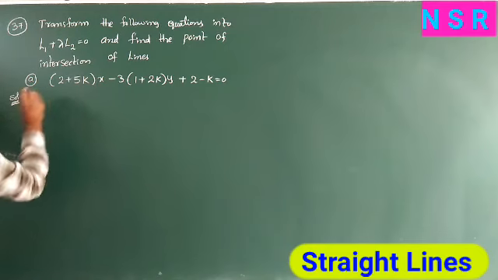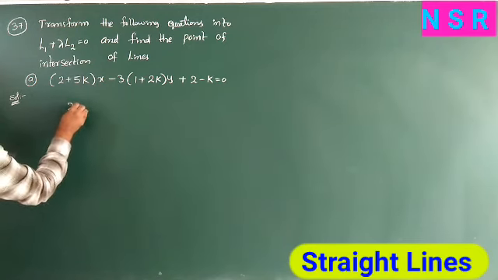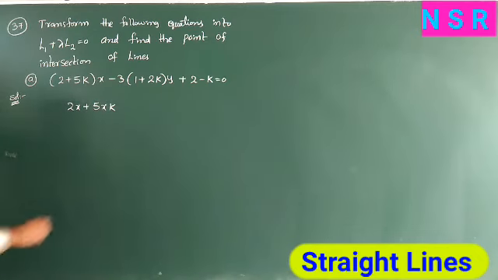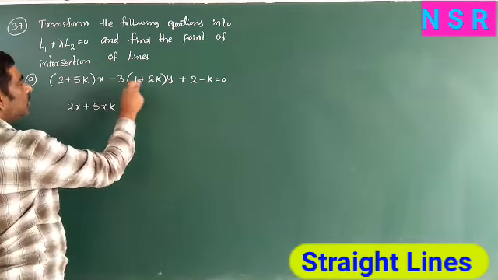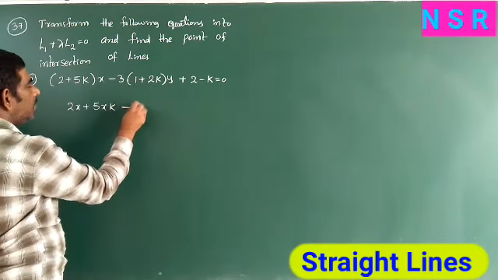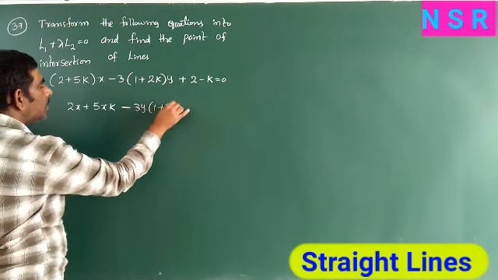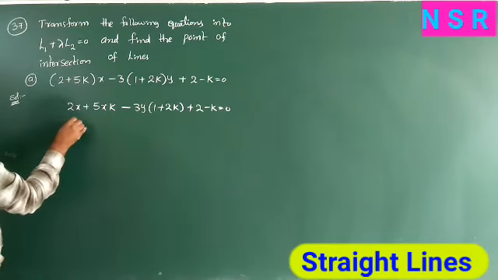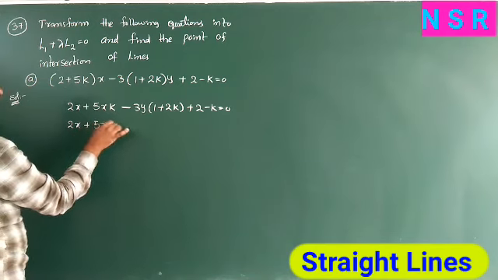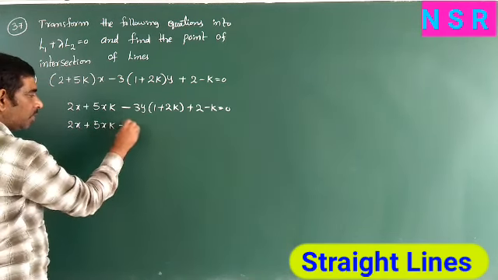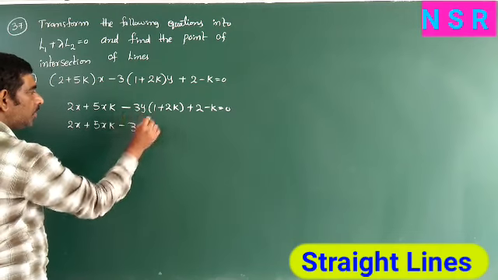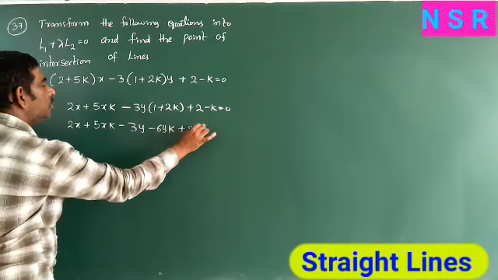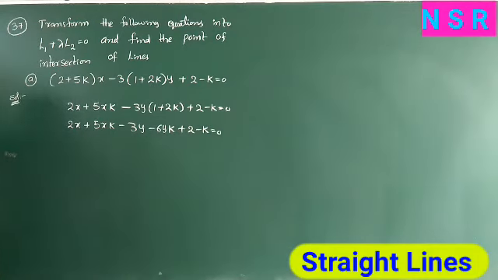So first x multiply here, 2 into x, 2x plus 5k into x, 5xk, minus first 3 into y, here 3y of 1 plus 2k, plus 2 minus k equal to 0. So 2x plus 5xk minus 3y into 1, 3y, minus 3y into 2k, 3 2 is 6, yk, plus 2 minus k equal to 0.